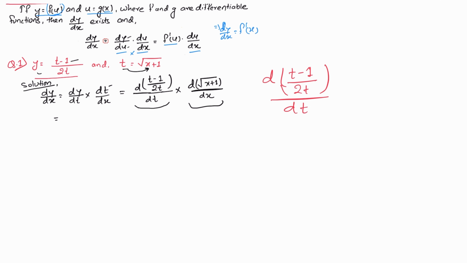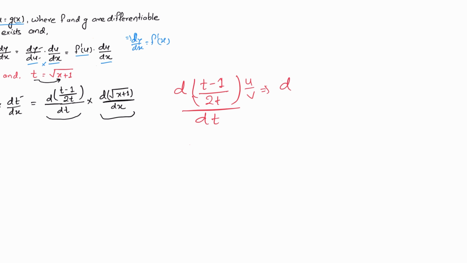See here, this is in the form u upon v. The formula for the derivative of u by v with respect to x is v times du upon dx minus u times dv upon dx, by v square. So here in place of u we have t minus 1, in place of v we have 2t.